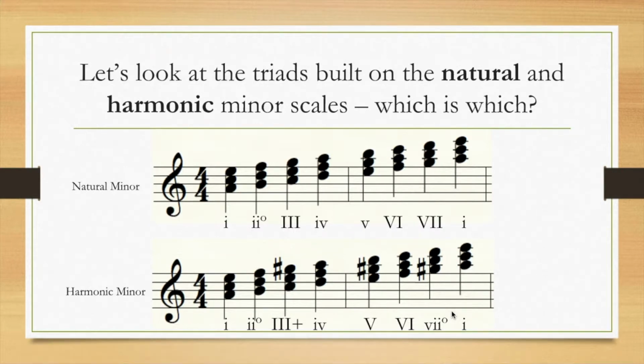Here's 1, here's 2, diminished, just like the natural minor, but the 3 is augmented because of that 7th degree. 4 is minor. 5 happens to be major in this one because of the 7th in there. 6 is also major, just like in the natural minor. And then we have a diminished 7 diatonic chord for the 7th scale degree. And back to 1, which is minor.